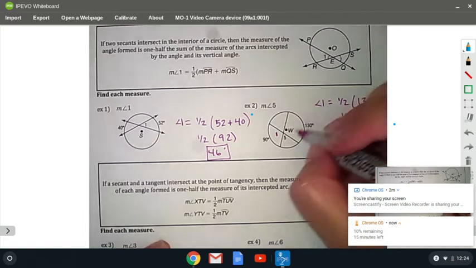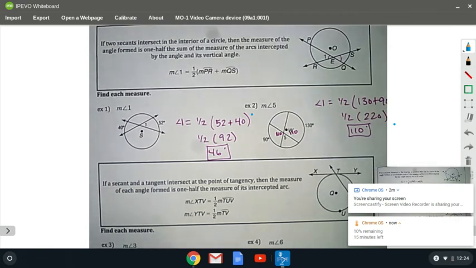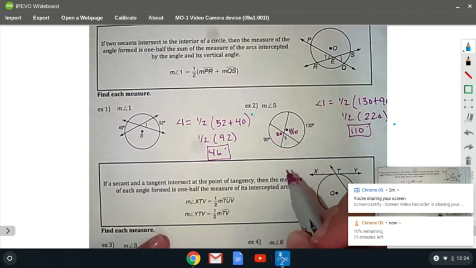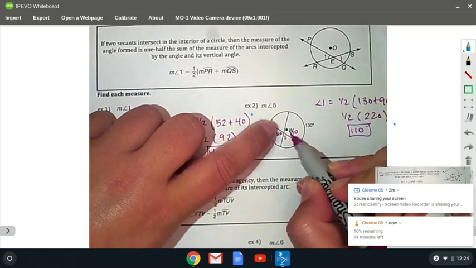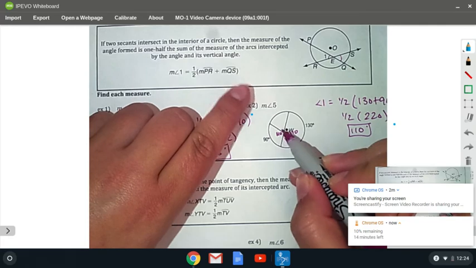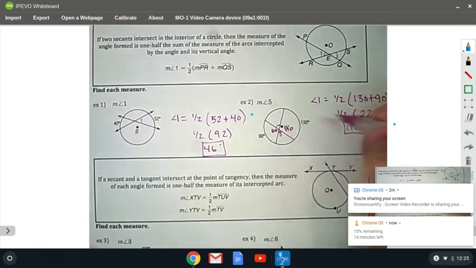So that's not my final answer. That means that this is 110 and this is 110. Okay, but I do know that a whole circle is 360. So it's very important to remember here that a whole circle is 360. So the two measures I put in for angle 5, this should be the same thing. This should also be equivalent to angle 5 because they're vertical angles.